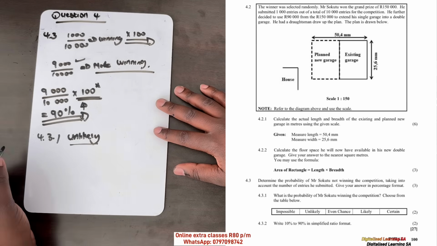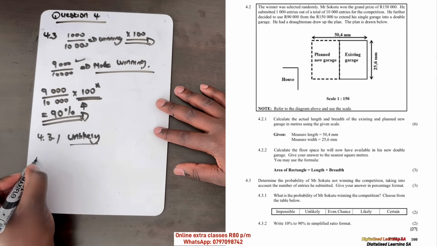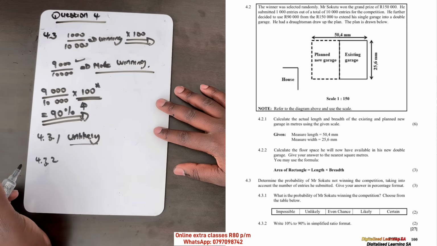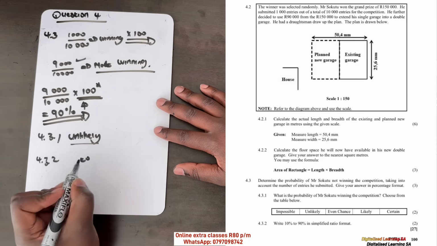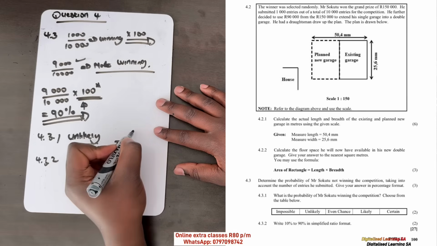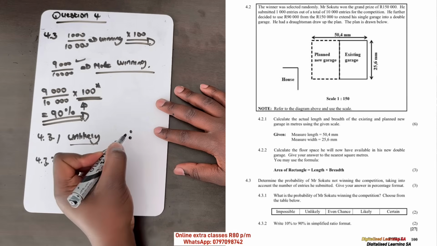So now let's move to the last question for question 4, which is question 4.3.2. Question 4.3.2 says write 10 to 90 in a simplified ratio format. Remember the 2, whenever we are dealing with ratio, refers to our two famous dots.